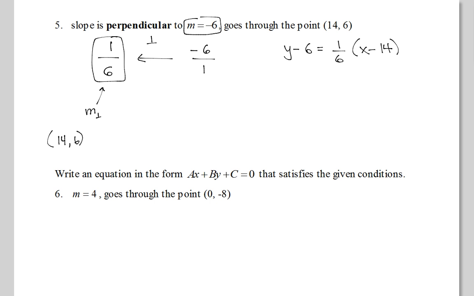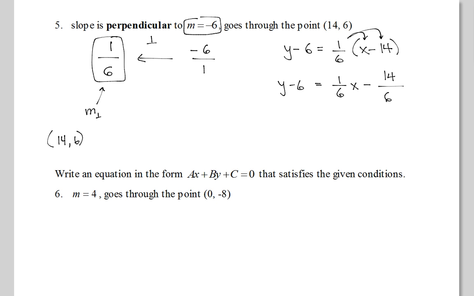Alright, so you have to distribute this slope into the bracket. So you get 1/6 x minus 14/6. How are you guys with that 14 over 6? You can put this in the calculator.